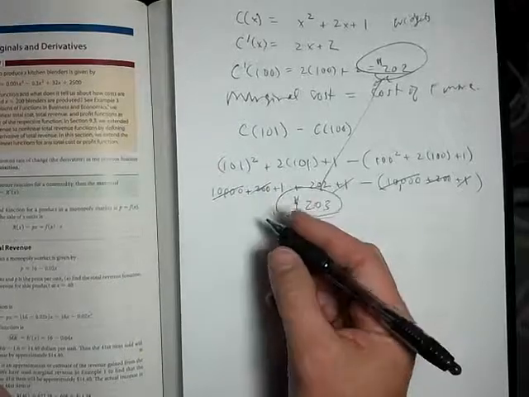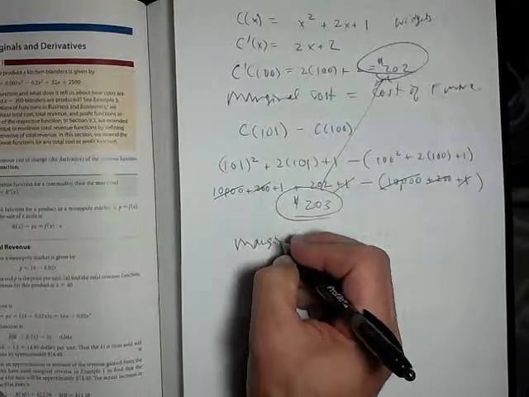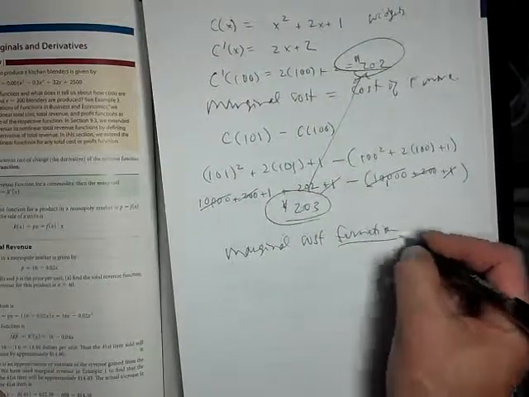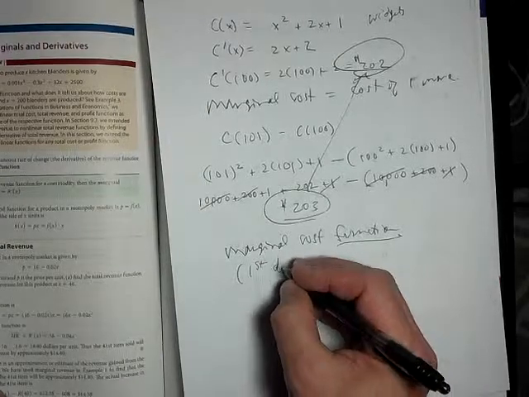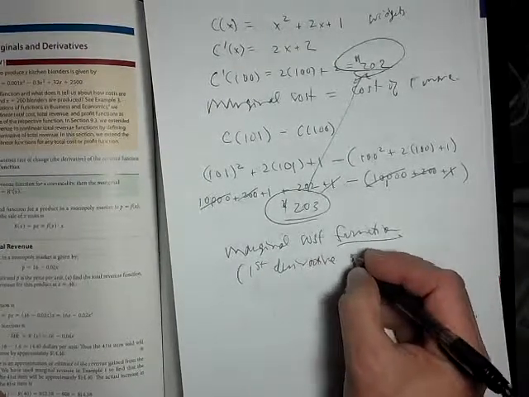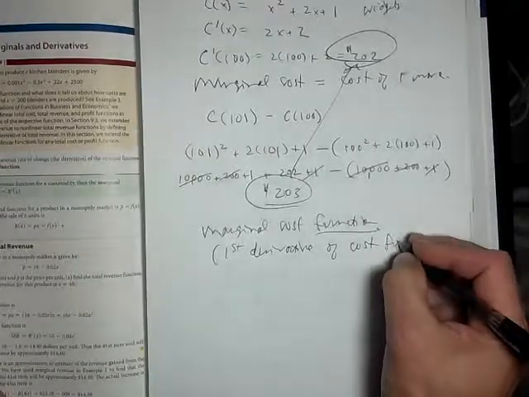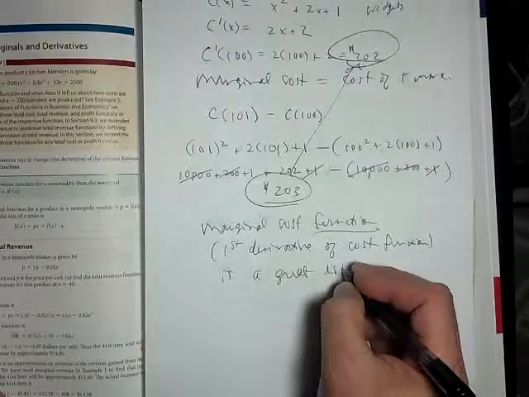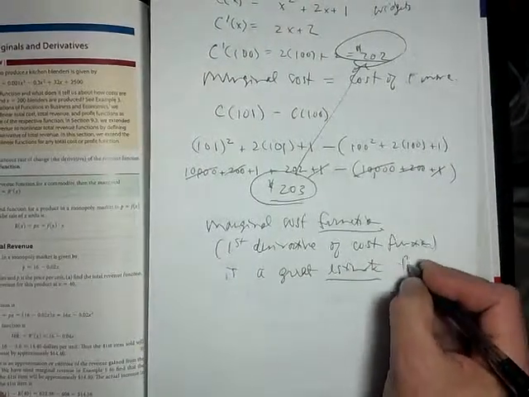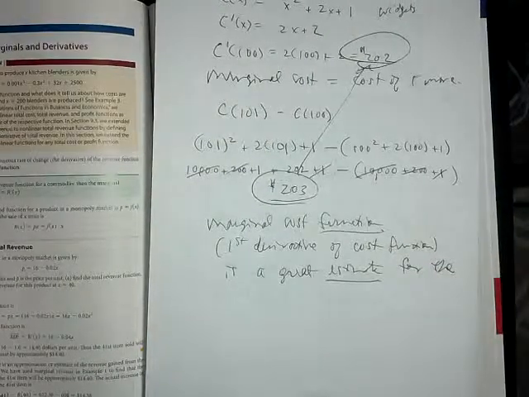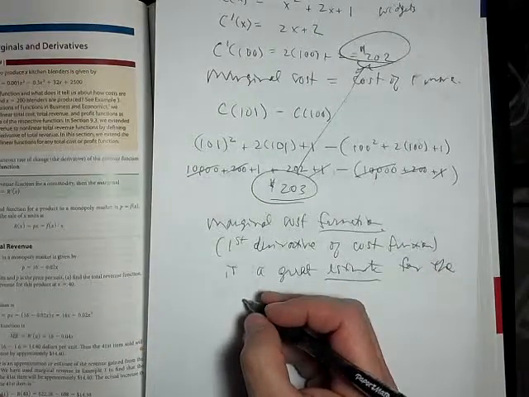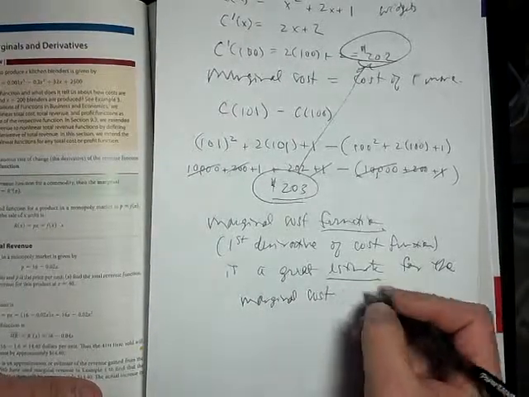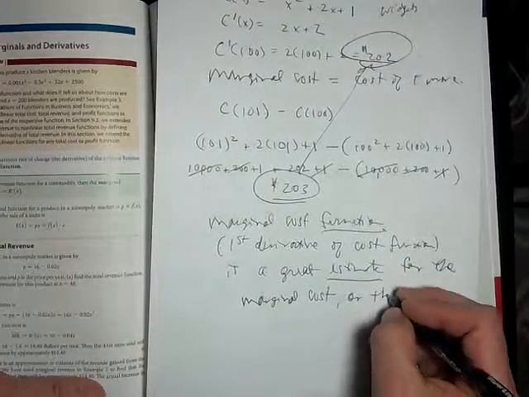What this tells you is that the marginal cost function, which is the first derivative of the cost function, is a great estimate for the, sorry about this terrible handwriting, marginal cost, or the cost of one more.